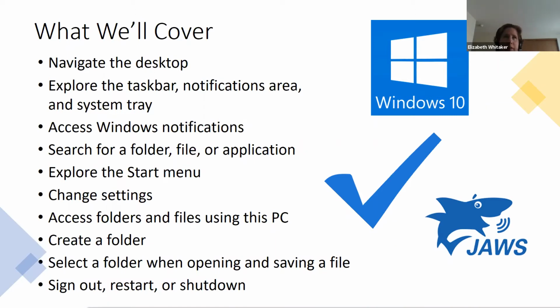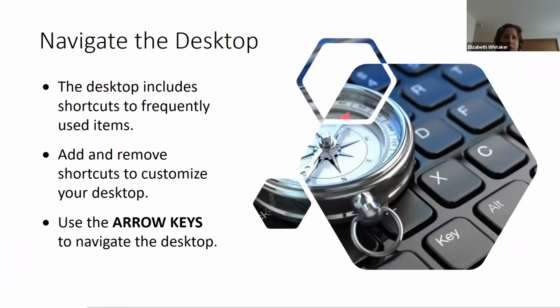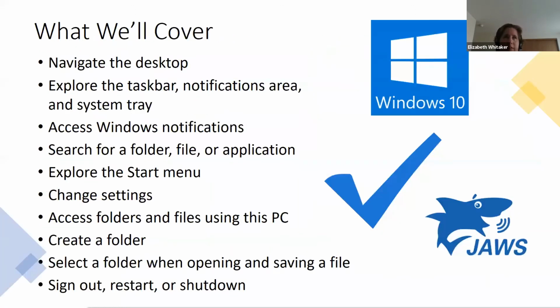I know you guys mentioned that in the poll questions as well. Exploring the start menu, that's another one that's changed, like we said. Changing settings, accessing folders and files using This PC. Creating a folder, selecting a folder when you're opening or saving a file, and then finally sign out, restart, or shut down.